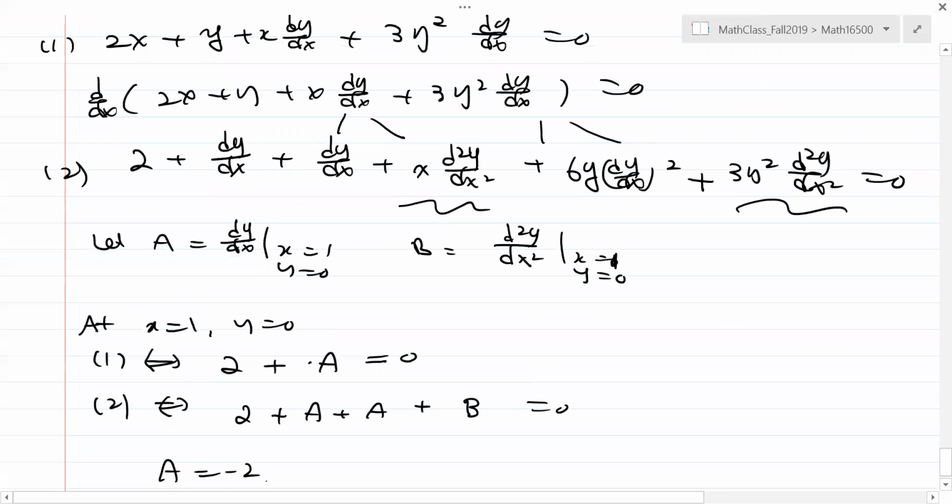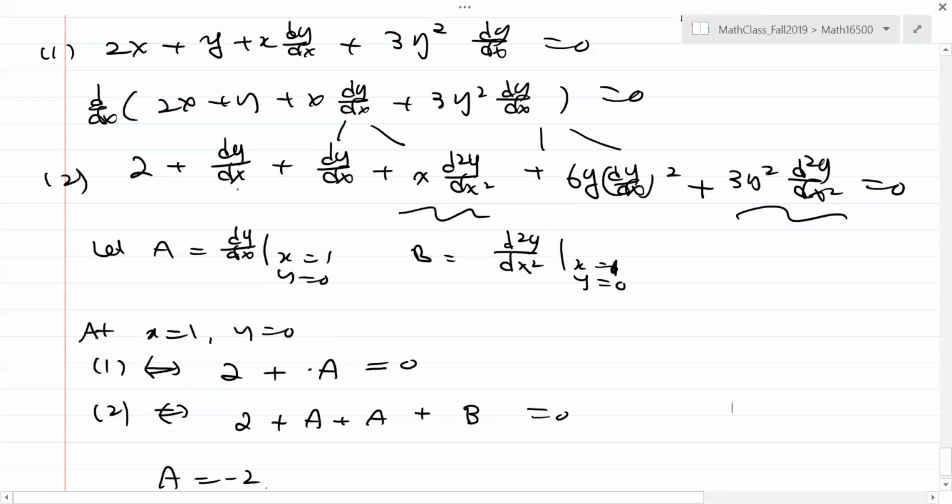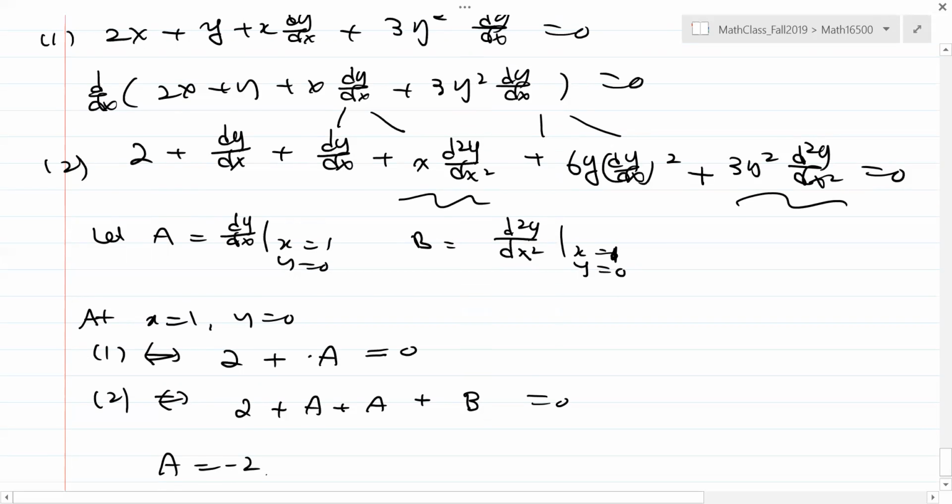So let's look at the second equation. The derivative of y with respect to x is just a, giving 2 plus a plus a. And when x equals 1, y equals 0, the last two terms will be gone. Only the fourth term, b, remains.